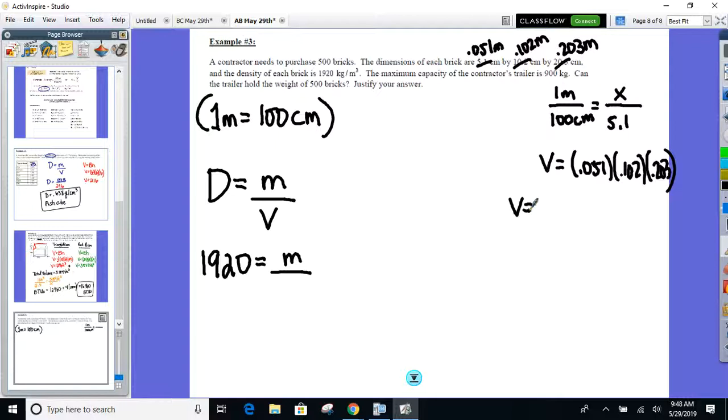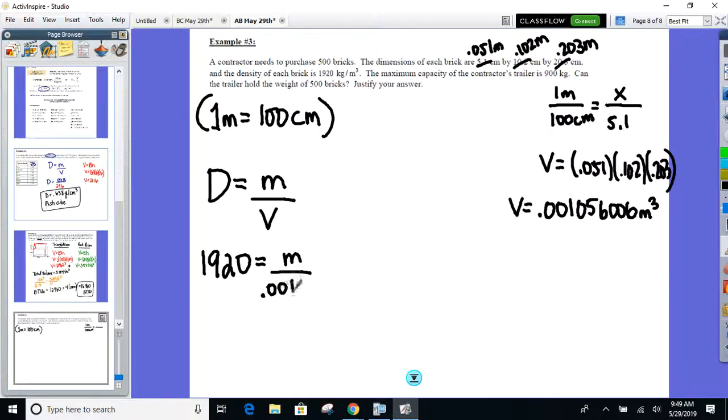Can't round it though. I'm getting 0.001056006 meters cubed. Just check my work too. So that goes in for the volume.